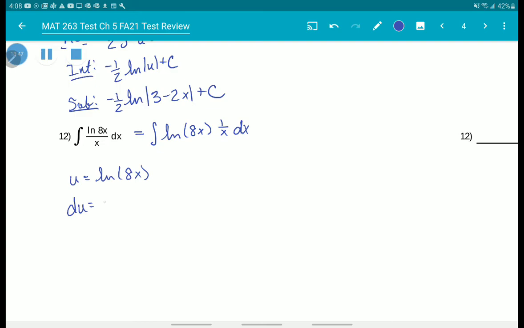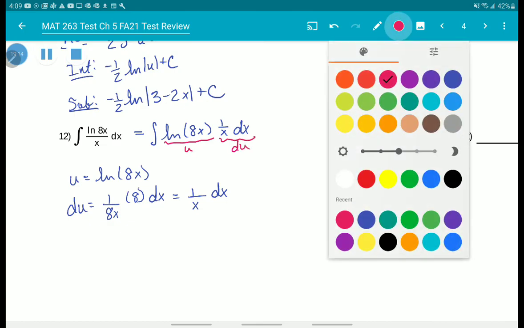So the derivative of that would require the chain rule. The derivative of the ln is 1 over u, so 1 over our argument, times du, which would be the derivative of that argument, which is 8. And we're taking that derivative with respect to x. And notice that reduces to 1 over x dx. We have our u and our du.